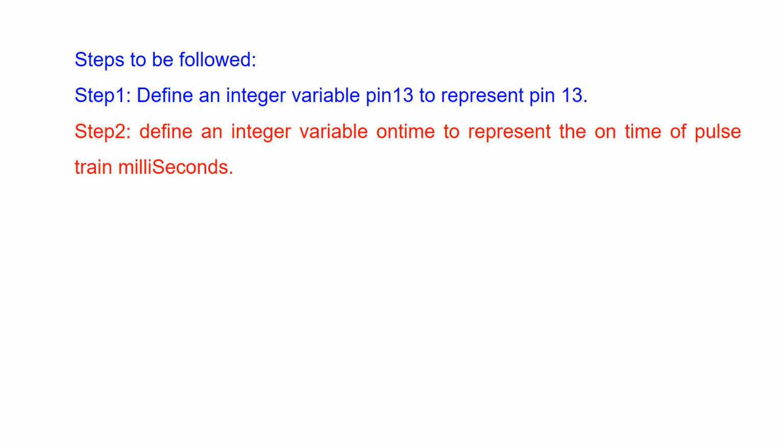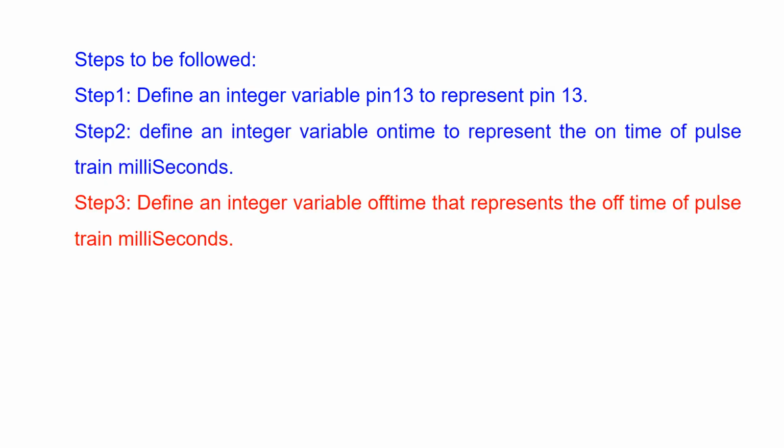Step 2. Define an integer variable named onTime to represent the on time of the pulse train in milliseconds. Step 3. Define an integer variable named offTime that represents the off time of the pulse train in milliseconds.